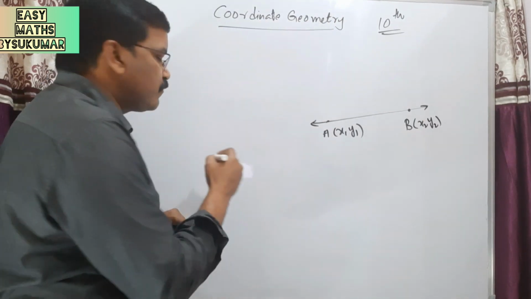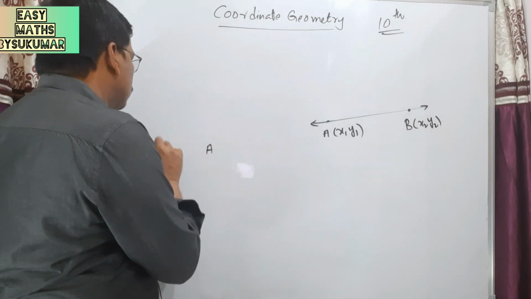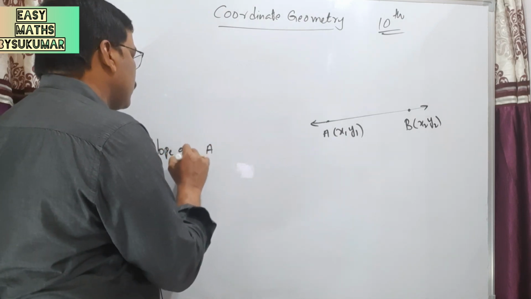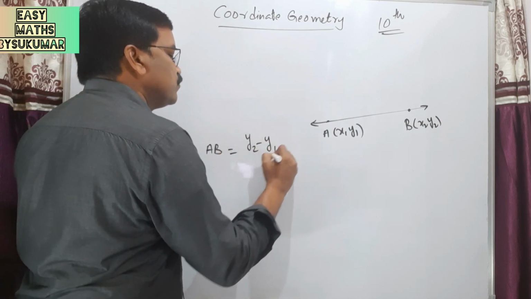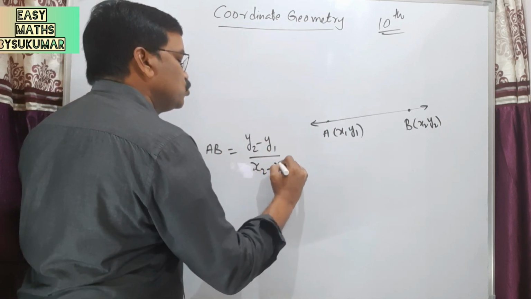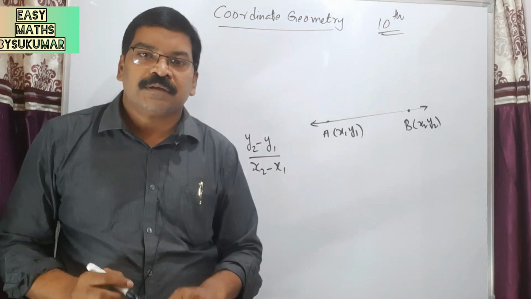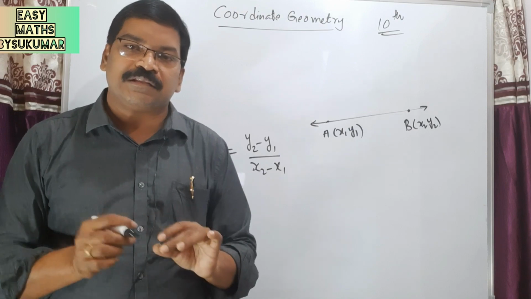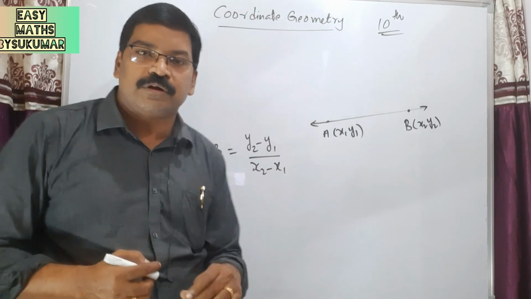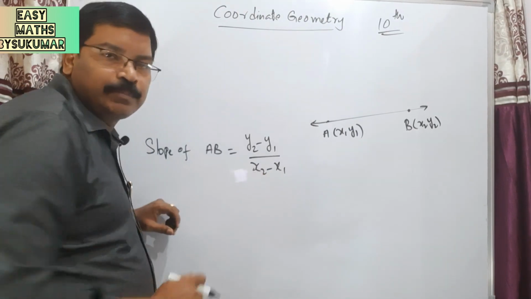So the slope of AB is equal to y2 minus y1 by x2 minus x1. That means the ratio of the difference of y coordinates and the difference of x coordinates gives the slope.